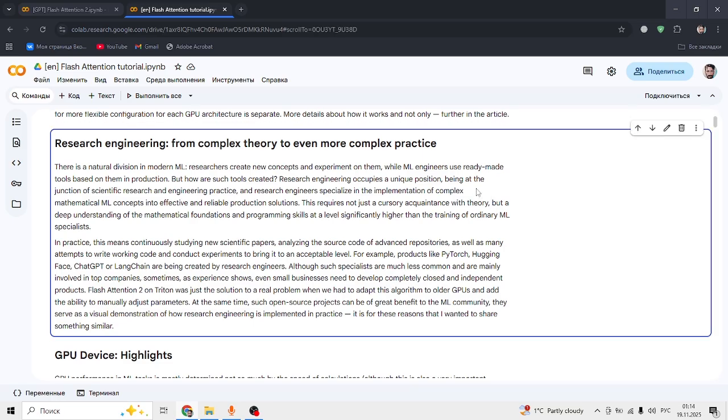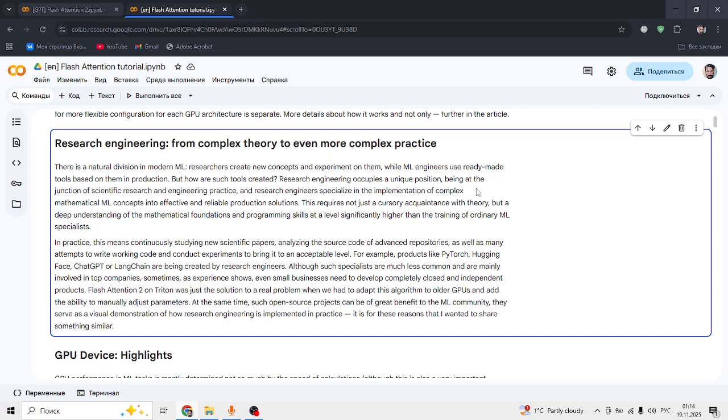But before this, I want to start from such a thing as research engineering. You both know that there are ML engineers who use prepared models or algorithms, for example frameworks like scikit-learn, PyTorch, or, I'm sure a lot of you like to use Hugging Face or LangChain. But how were they created?